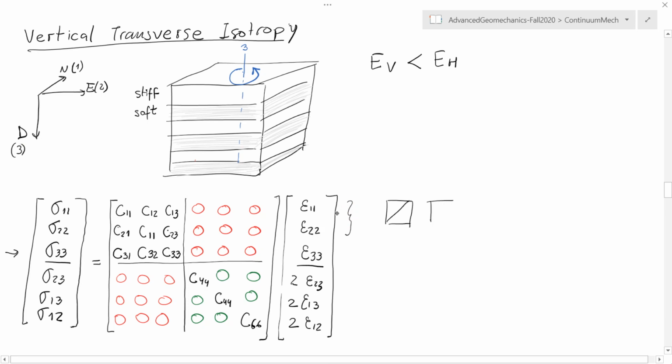And because of that, these two elements have to be the same, because these two expansions that I expect here are the same.